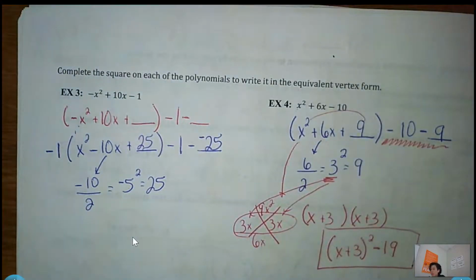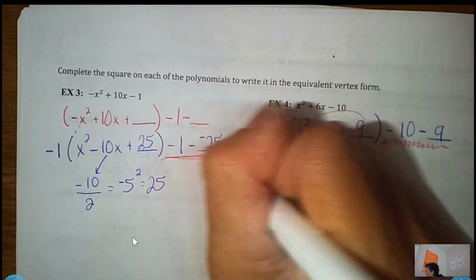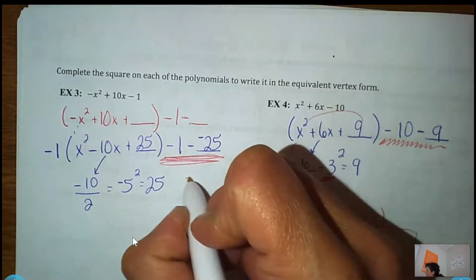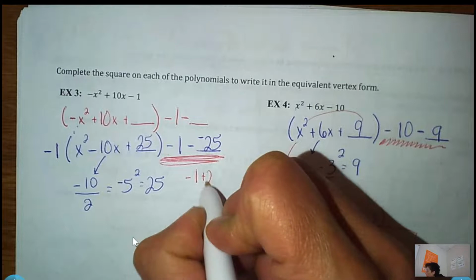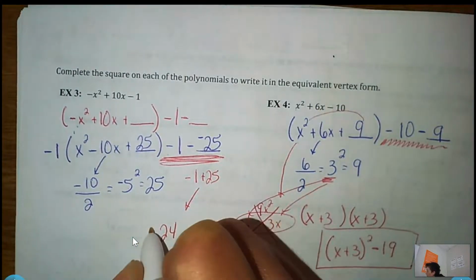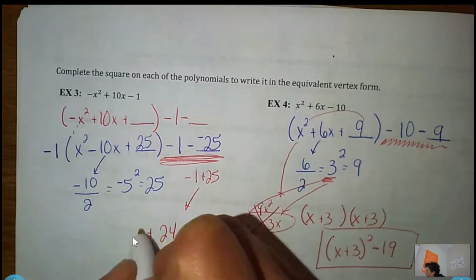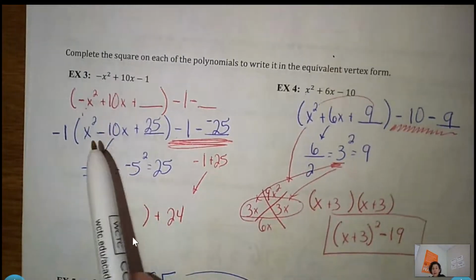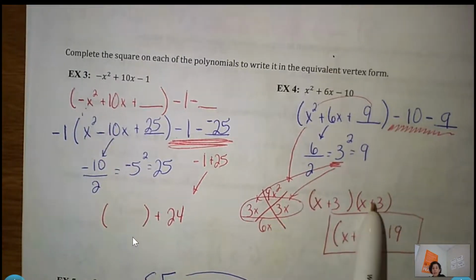So now what I'm going to do is switch it on you. I'm going to do this simplifying first. -1, take away -25. We should know that's the same as -1 plus 25. So that gives me a 24, positive 24. And now we're actually going to go straight into our parentheses. We know that whatever's in here will have identical factors.